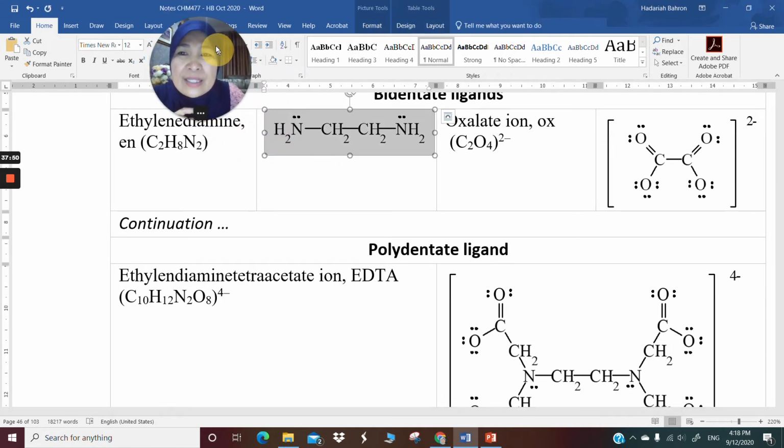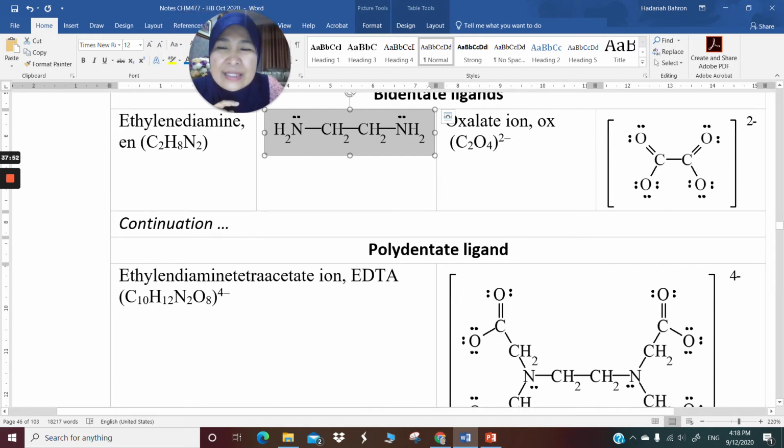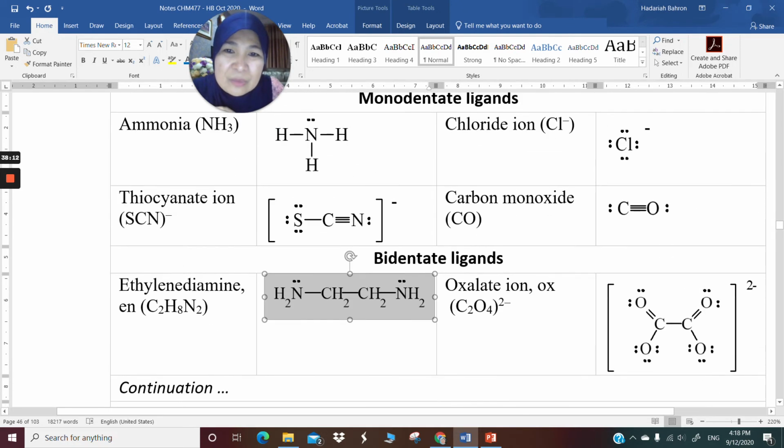The same with ethylene diamine, en. Ethylene diamine is also a bidentate ligand because it has two donor atoms. This nitrogen can donate to metal, that nitrogen can donate to metal, making a bidentate ligand. So these are your bidentate ligands. This is your oxalate.